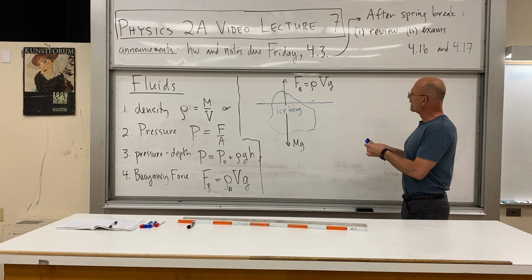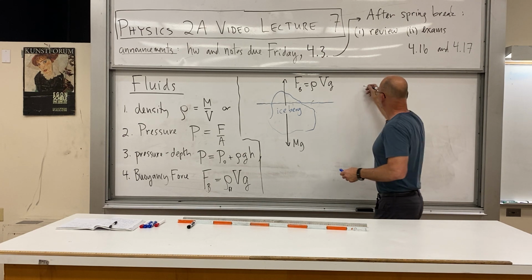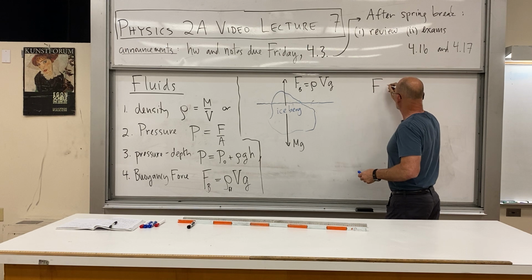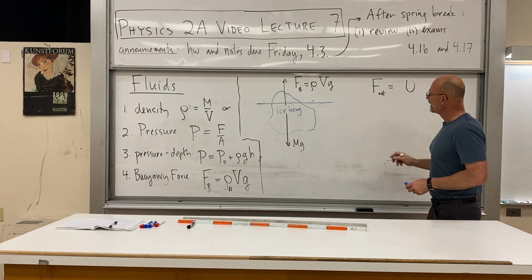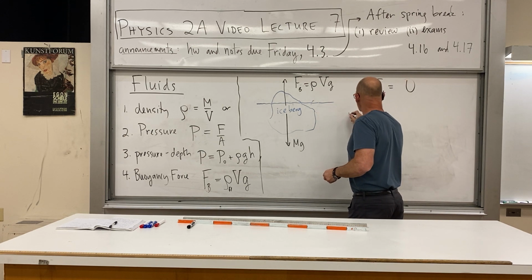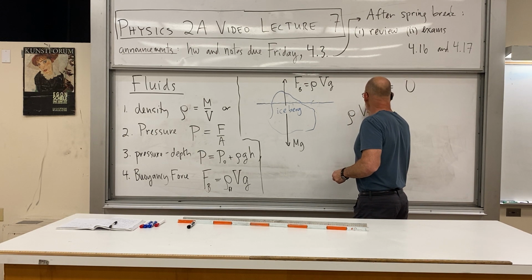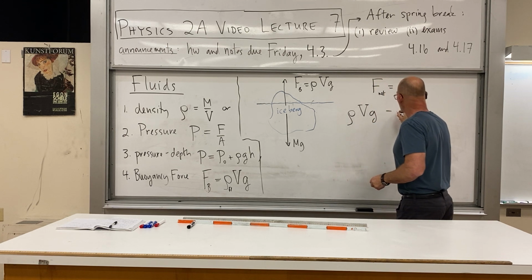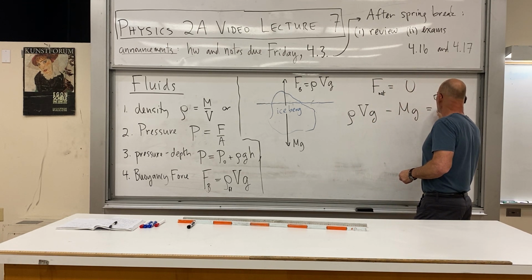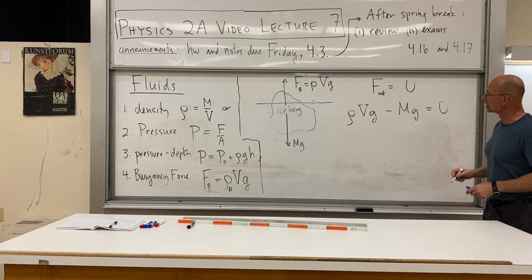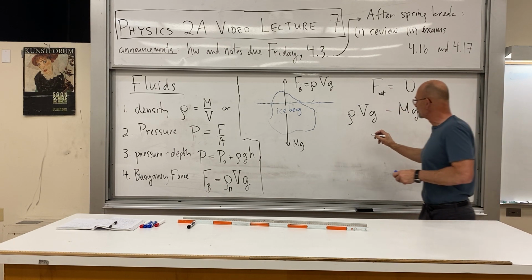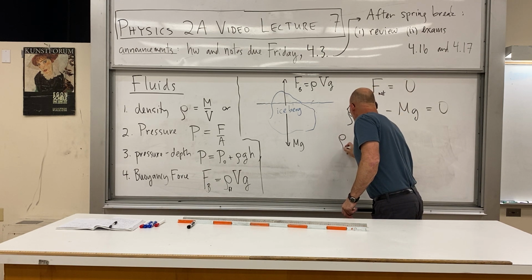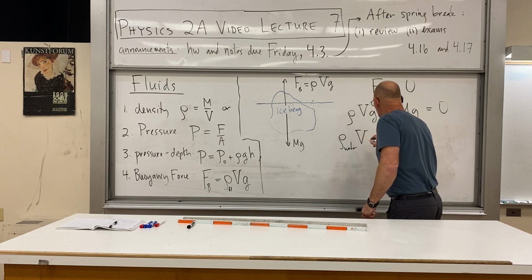So let's go ahead and do this now. Here's Newton, F net equals 0. And we've got the iceberg buoyant, so we have rho Vg minus mg is equal to 0. So far, so good. Now here's where we're going to make a substitution. This is going to be the density of water times the volume submerged.